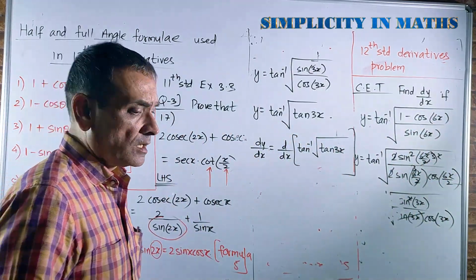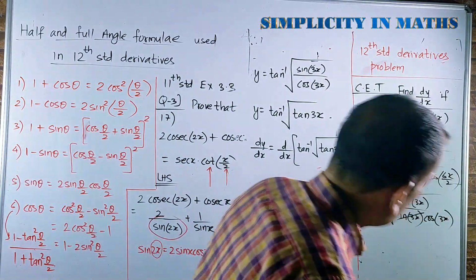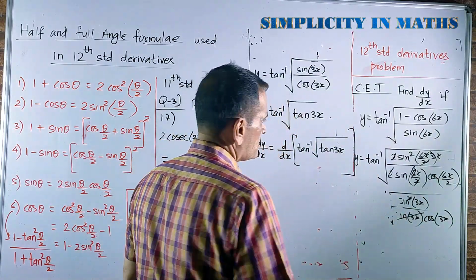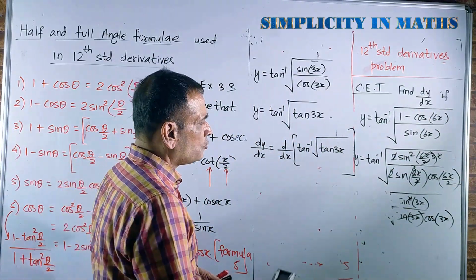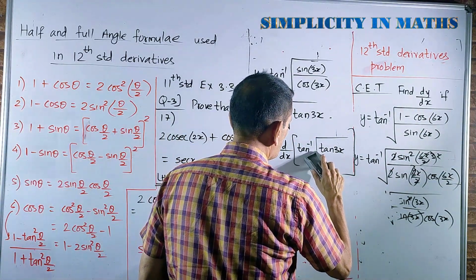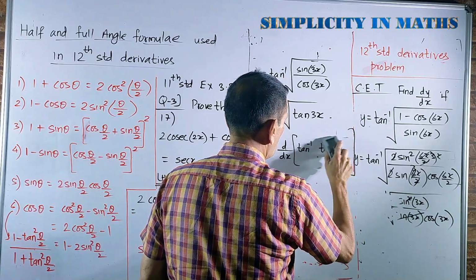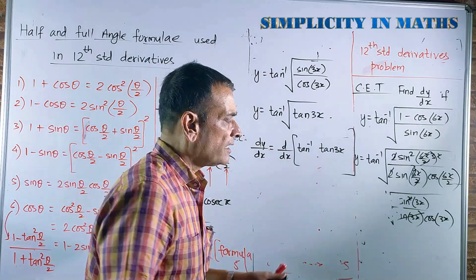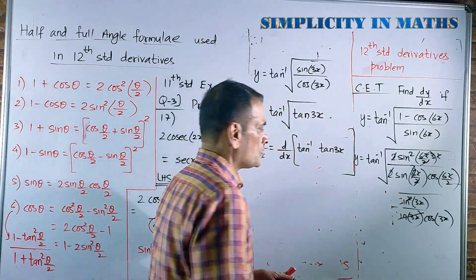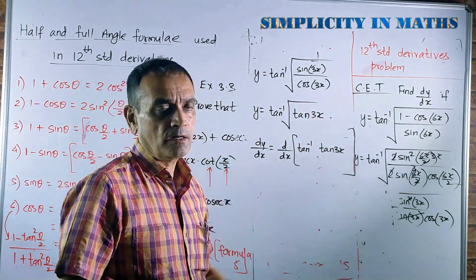Okay. Now there is one more thing that I want to tell you. Suppose in certain cases you get a problem like this. Supposing this root sign was not there. If that root sign was not there, you will get only this. Right? If there is no root sign, you get the derivative of tan inverse tan.